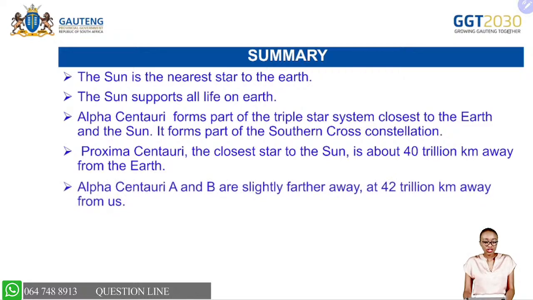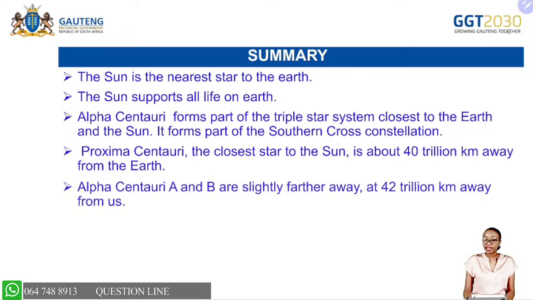Now, Alpha Centauri A and Alpha Centauri B are slightly further away. They are at 42 trillion kilometers from us. That is quite the distance. Remember when we were doing those large number conversions, reading the number in words and reading the number in digit form.